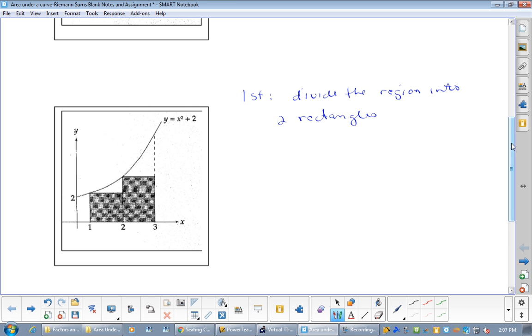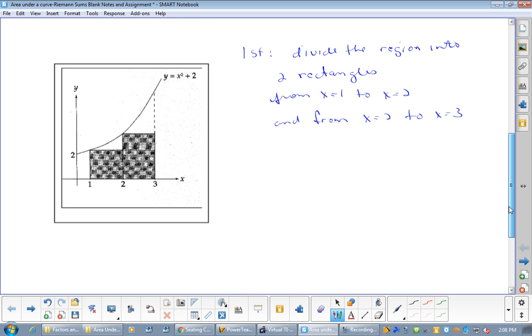In this case, we're going to go from x equals 1 to x equals 2, and from x equals 2 to x equals 3.